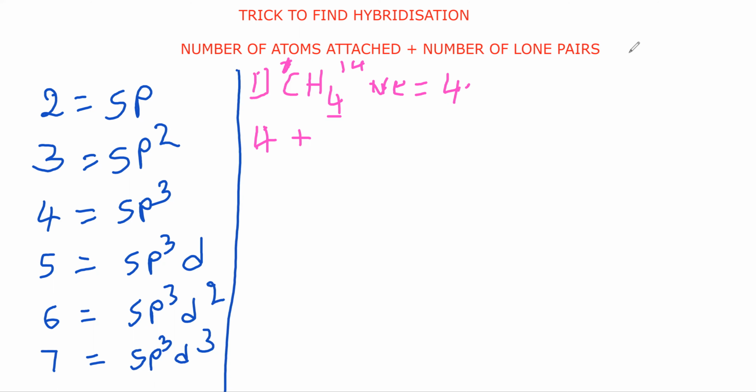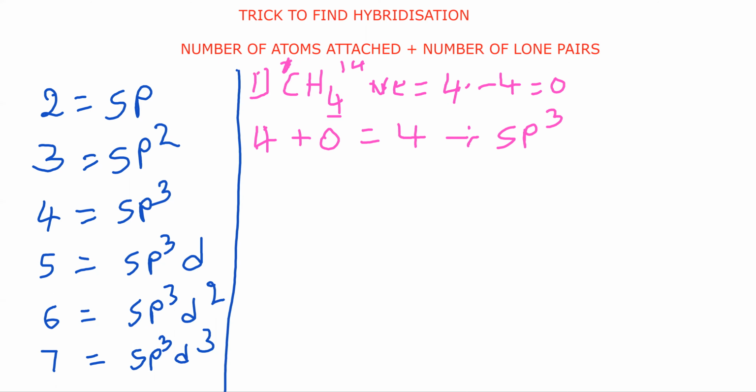So 4 minus 4 equals 0. That means no lone pair, so lone pairs are 0. The value we got is 4, and 4 means sp3 hybridization. So it undergoes sp3 hybridization.